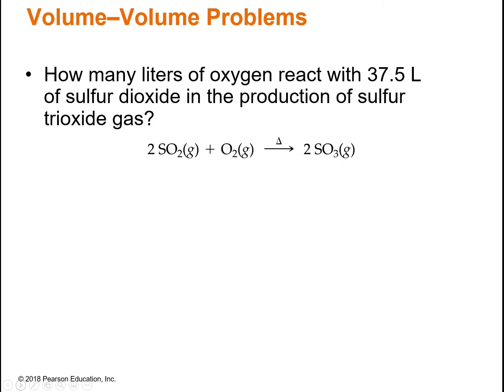How many liters of oxygen react with 37.5 liters of sulfur dioxide in the production of sulfur trioxide gas? How many liters? That means our question mark, liters of oxygen gas. React with, and we're given another volume, 37.5 liters of sulfur dioxide.